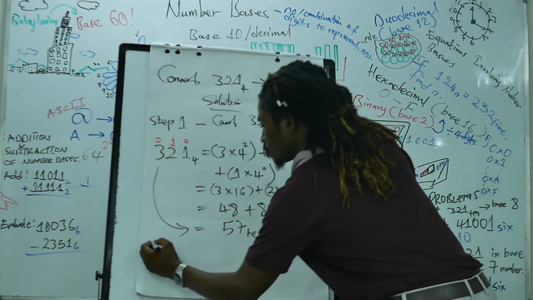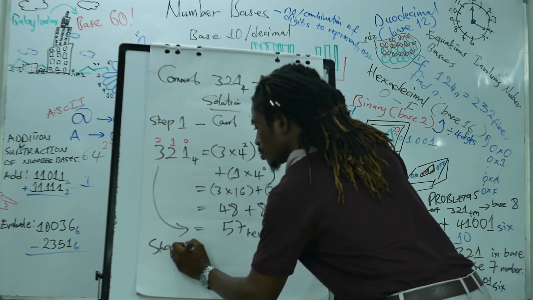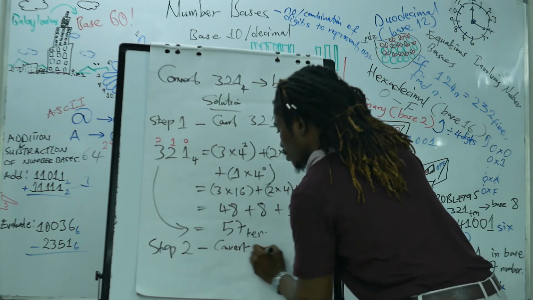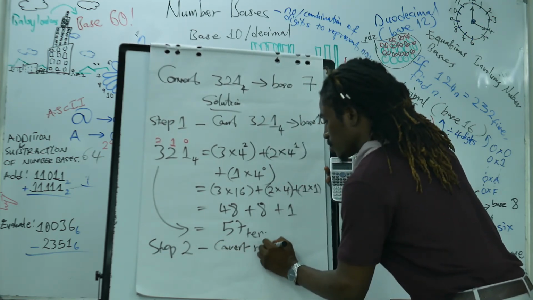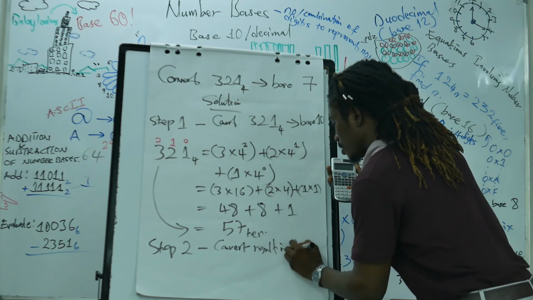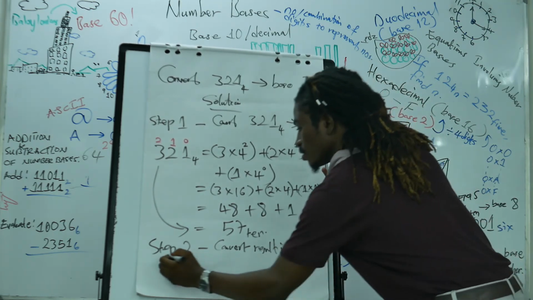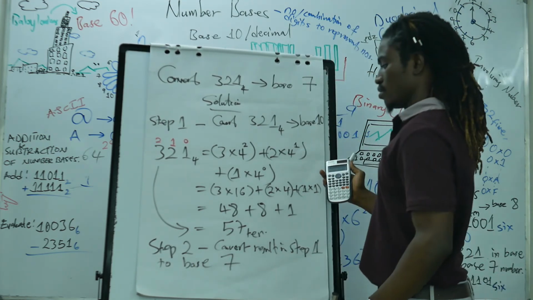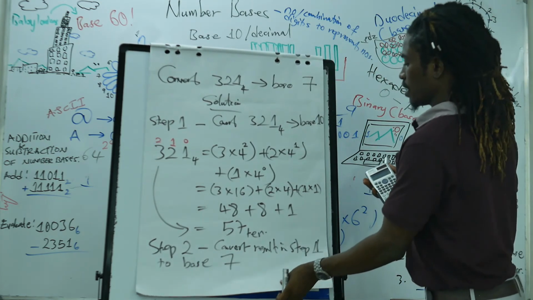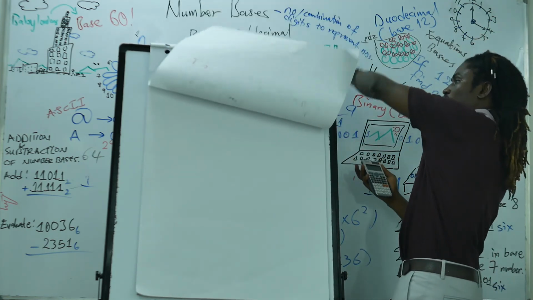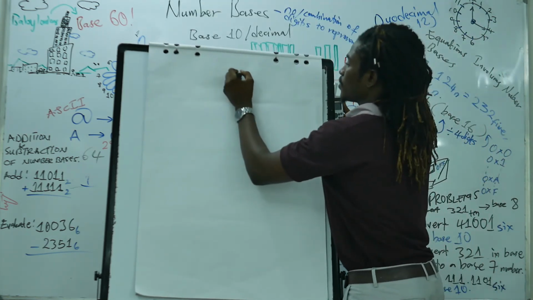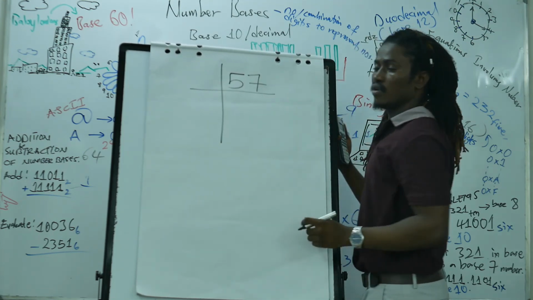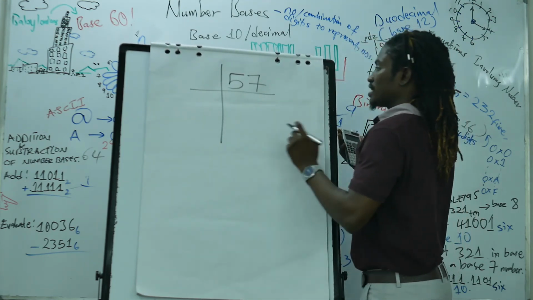So we say step 2, convert the result in step 1 to base 7. We say that would be 57. We draw a table as we did before, converting that to base 7.